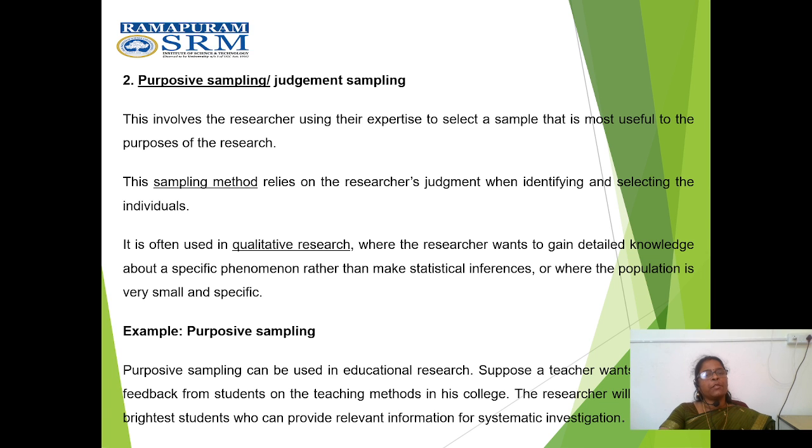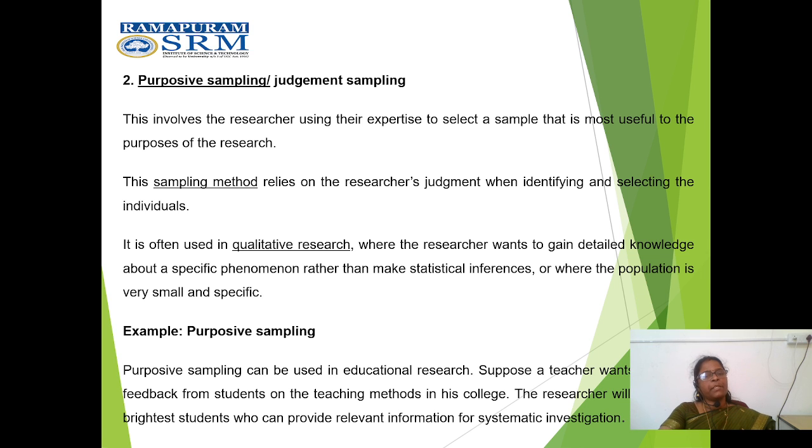It is often used in qualitative research, where the researcher wants to gain detailed knowledge about a specific phenomenon rather than make statistical inferences, or where the population is very small and specific. Example for the purposive sampling.